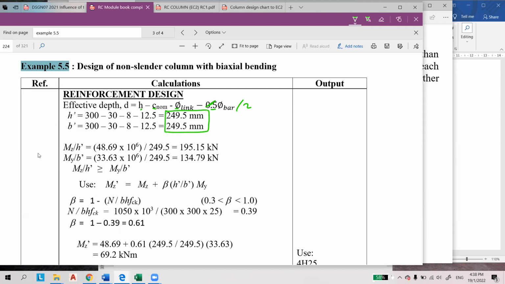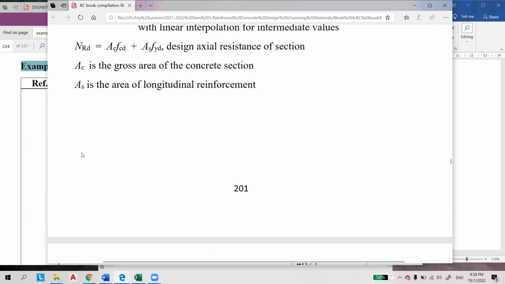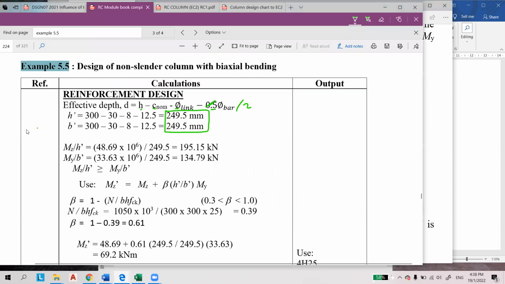millimeter. And then just simply use this equation. This one you must check. The increased moment: whether Mz over h prime is greater than My over b prime, or Mz over h prime is lesser than My over b prime, because we want to determine the design moment. So you check Mz over h prime.